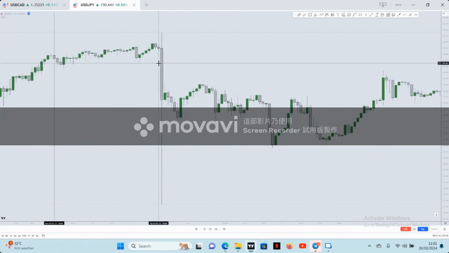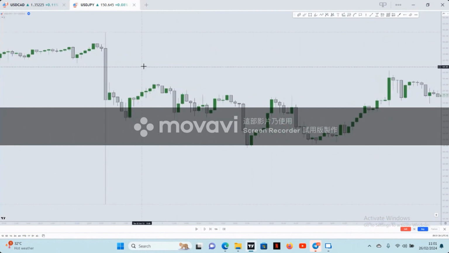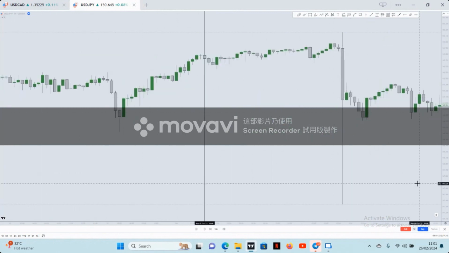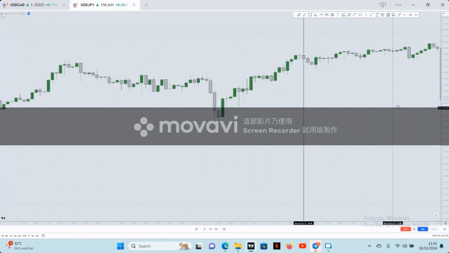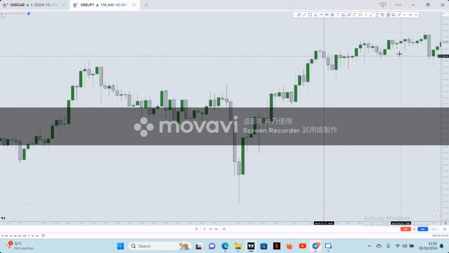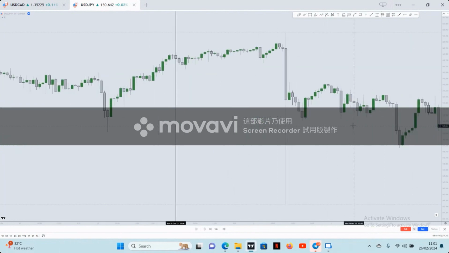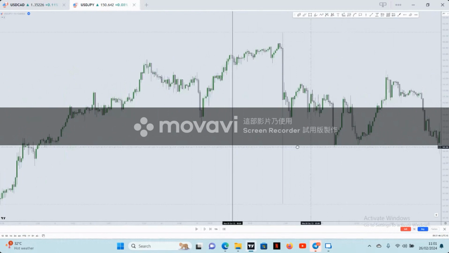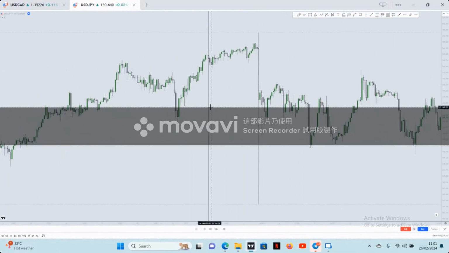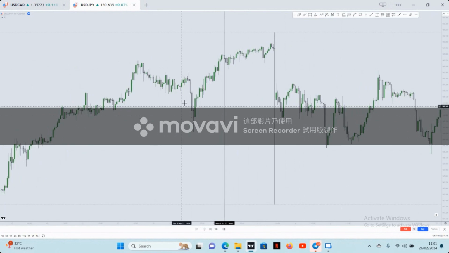So the first one, as you can clearly see, this is an auto. There it is. Is there a fair value gap here? There's none. There's absolutely no fair value gap all around these points. Even here, there's none. This one I've played out.